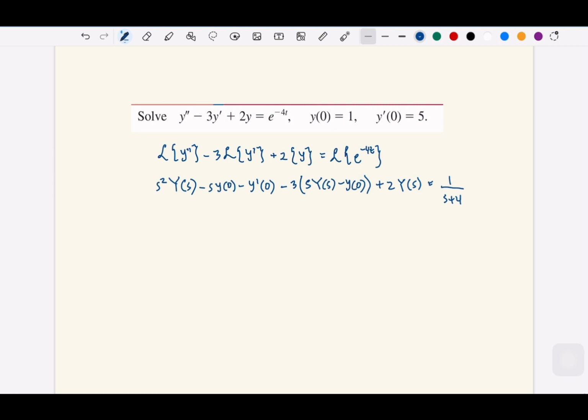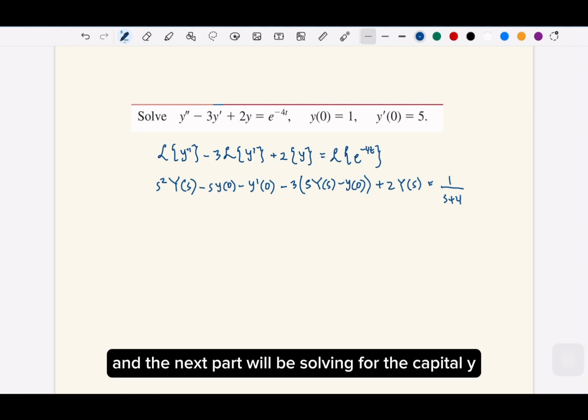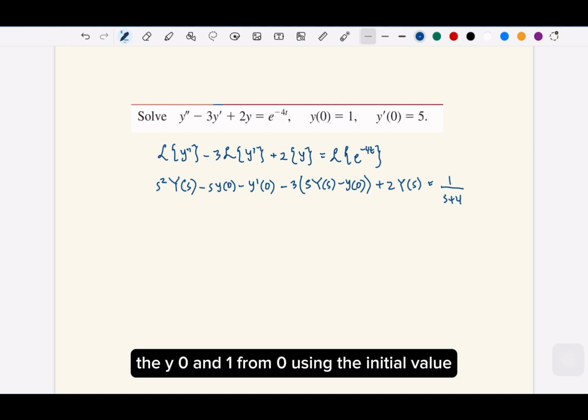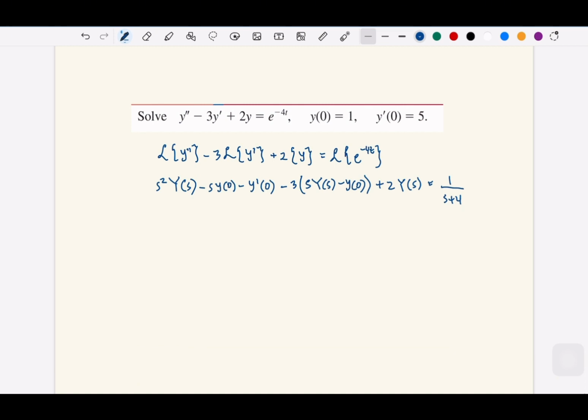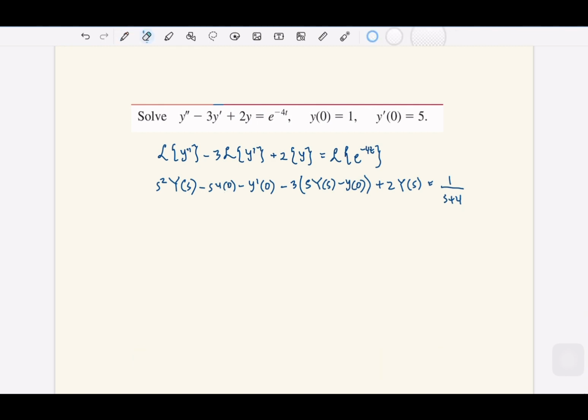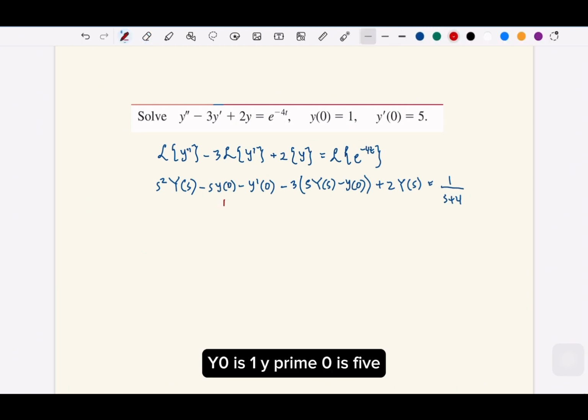Okay. And the next part will be solving for the capital Y. Solving for capital Y, and then we can plug in the y(0) and y prime(0) using the initial values. Okay. So let's start. Substitute the values. So y(0) is 1, y prime(0) is 5.